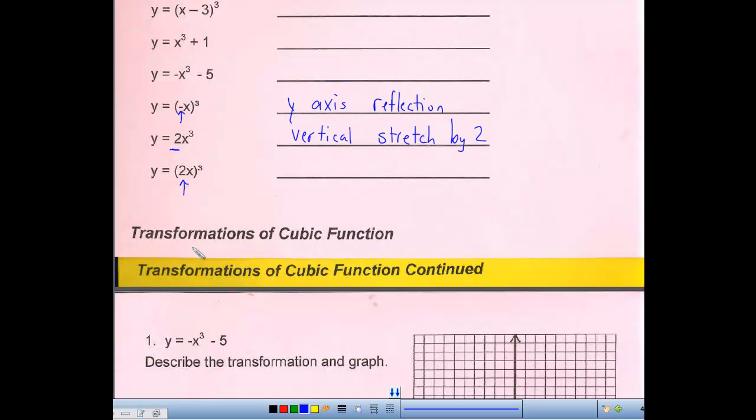This 2 is inside the parentheses, so this is a horizontal shrink by 1/2. Remember, this is x, what's happening to x, and it's always opposite of the way we think. And the opposite of multiplying by 2 is dividing by 2.